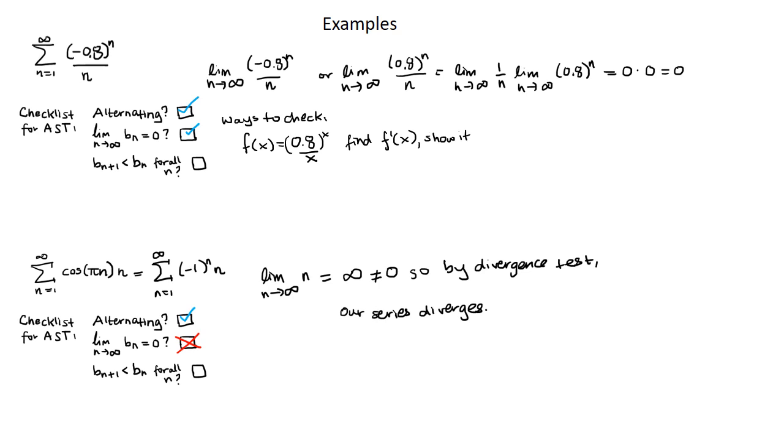That one's kind of labor intensive. So we could show that b n plus 1 over b n is a ratio that has size less than 1.